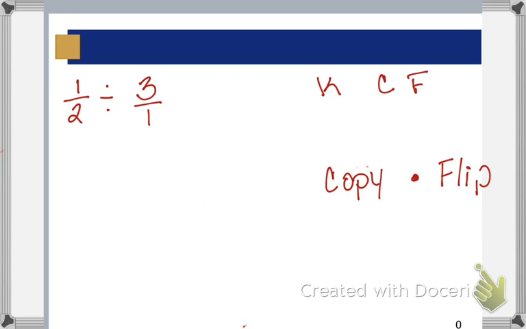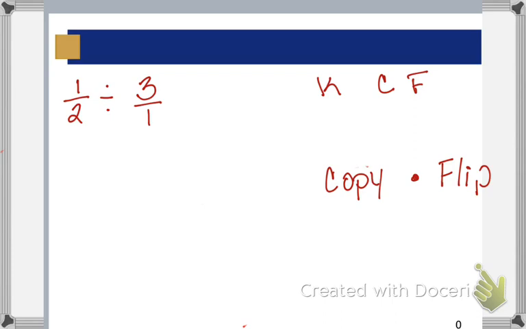Those are cheats. It's slang to help you remember how to do it. Does anyone know what we are doing when we are dividing fractions? Multiply by the reciprocal. That's what we're doing. When we're dividing, what we're doing is we're multiplying by the reciprocal. Keep, change, flip, and copy, dot, flip. That's just to help us remember what to do.